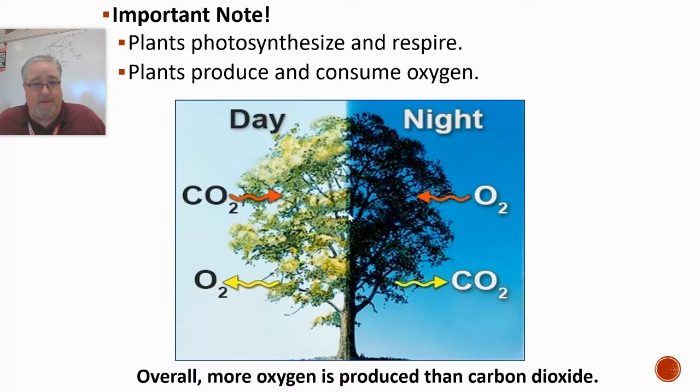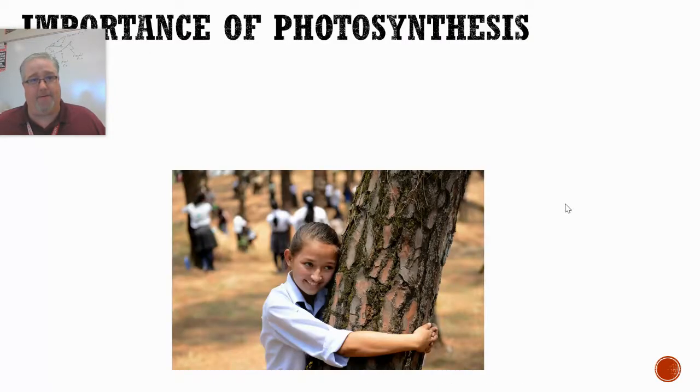So even though both processes happen, this one on the left happens more. For example, plants are producing more oxygen during the day than they're taking in at night. So overall, plants are producing oxygen. That's why we consider them to be autotrophic and photosynthetic. But again, they do both things. So make sure we understand that.